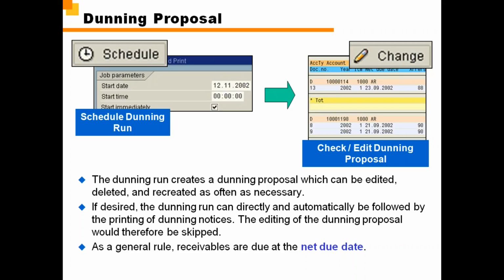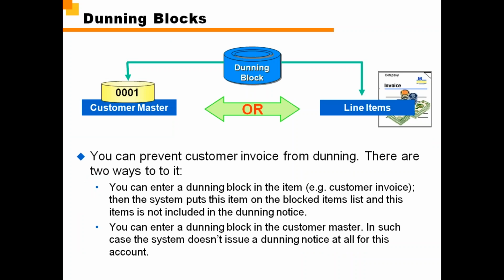Then it is saying that as a general rule, receivables are due at the net due date. So we will receive the payment from the customer on the net due date when we enter the sales invoice. Accordingly, the system will capture a net due date.